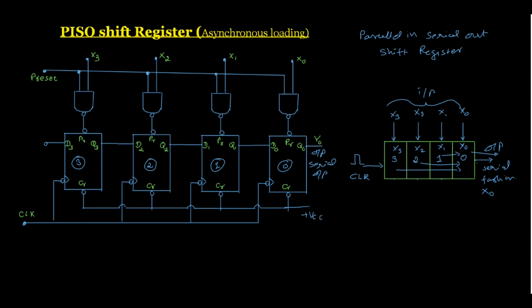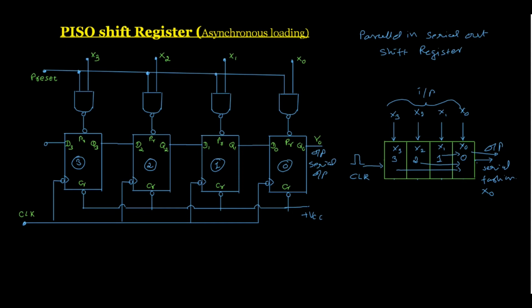Now another important input to the flip-flop is the preset input that you can see. At the preset input, we are connecting 4 NAND gates through which we can load our 4-bit binary number.